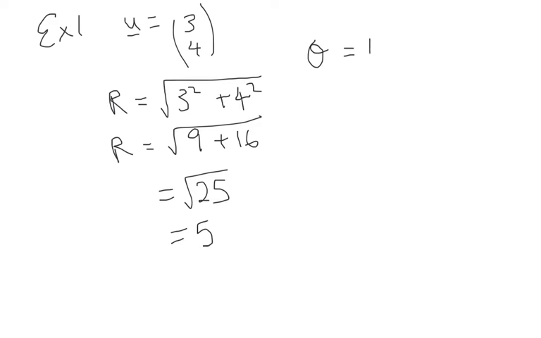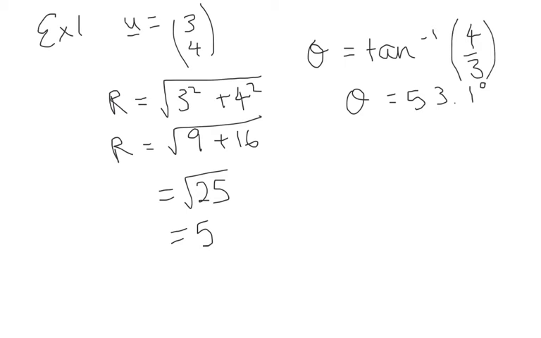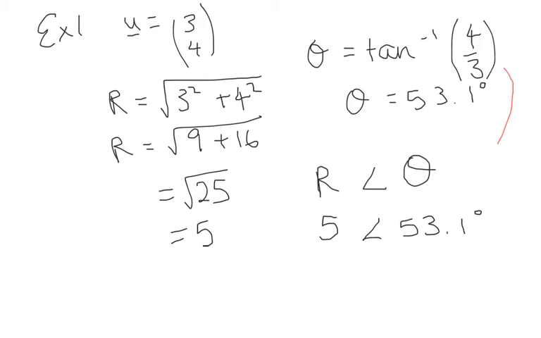Find theta by working out the inverse tan of y over x, or 4 over 3. Theta is 53.1 degrees. Use your calculator. Then we write our vector in polar form, r angle theta: 5 angle 53.1. You could do this in radians. Just change your calculator to radian mode and do this part in radians if you like.